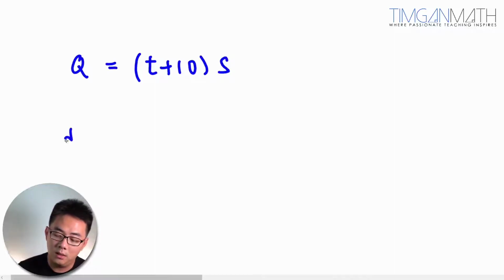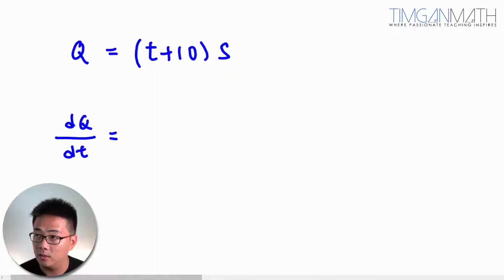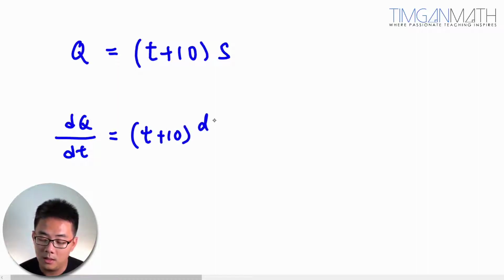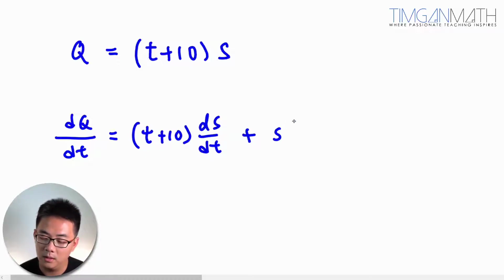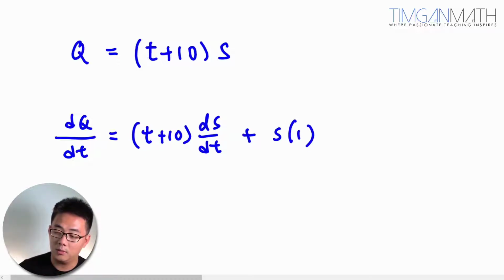So dQ/dt, just differentiate with respect to t. So this will be t plus 10, and we use the product rule: 10 plus t times dS/dt plus S times 1, just 1. Make sure your product rule is okay.